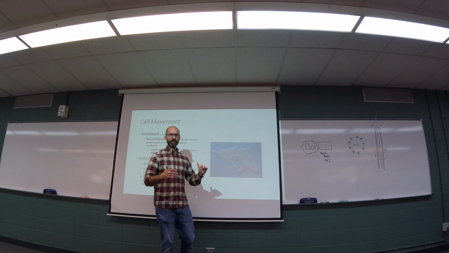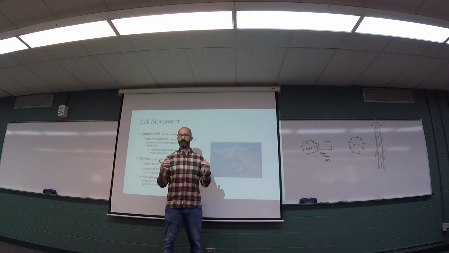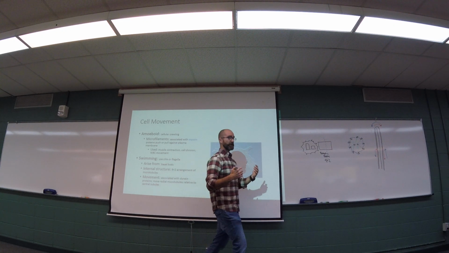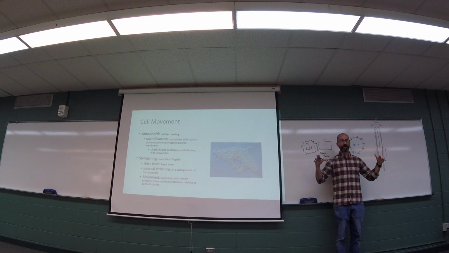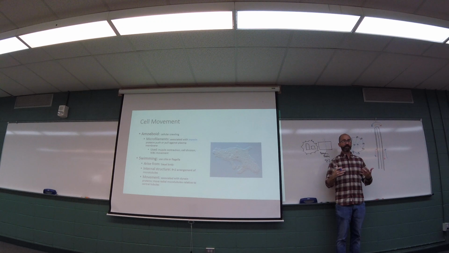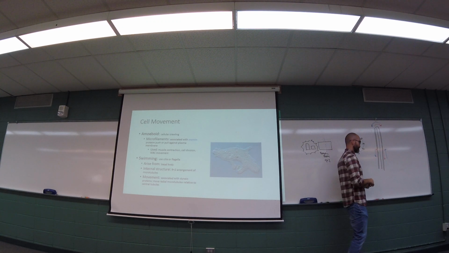There's generally a single flagellum on a cell, but there are generally lots and lots of cilia. So with cilia, you get tons of these structures distributed across the surface of the cell. And when they all beat in tandem, the directionality of that movement is greatly improved.